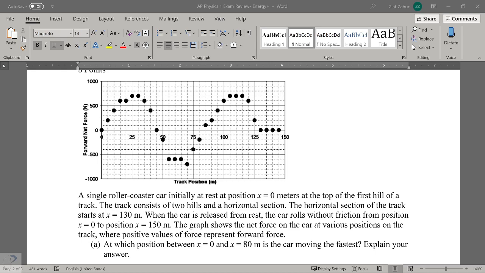And using the work energy formula, W equals delta KE, we can see that the positive area would do positive work, giving us more kinetic energy. And from 0 to 45, the force is positive, which means from 0 to 45, positive work is being done, accelerating the cart.